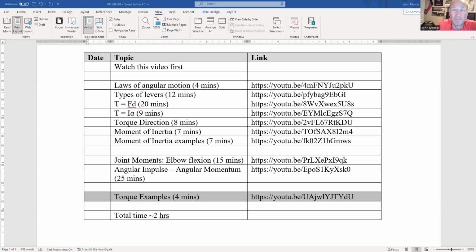The other really important part of understanding torque is knowing that it's a vector, therefore it has magnitude and it has direction. But we're talking about rotational direction. And so I've got a video specifically on how I describe the direction of torque.